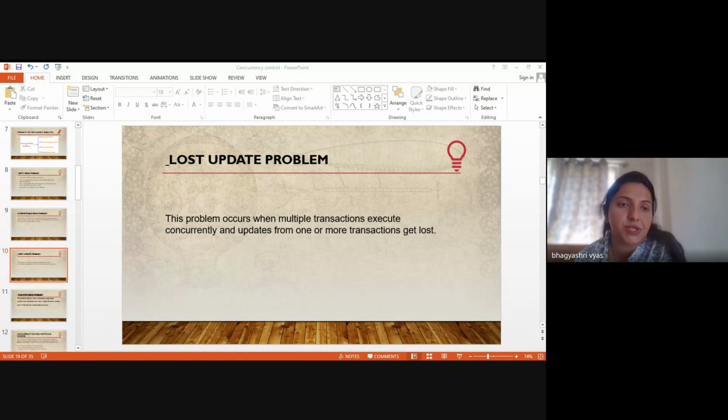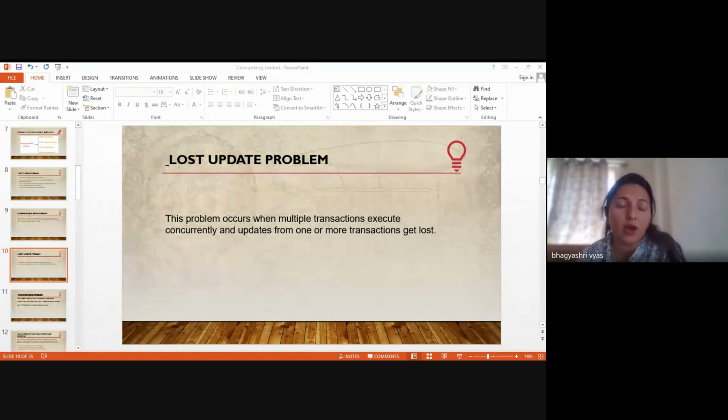As the name suggests, this problem occurs when multiple transactions execute concurrently and updates from one or more transactions get lost. We will have some write statements, but if my system fails, suppose transaction 1 has read A and write A, and transaction 2 has only write A and then commit.